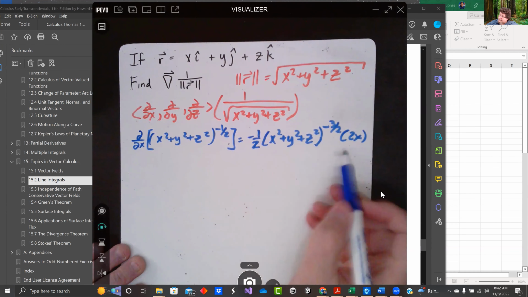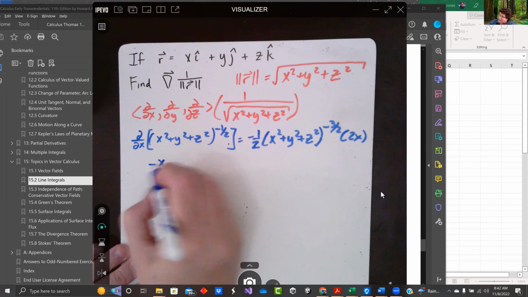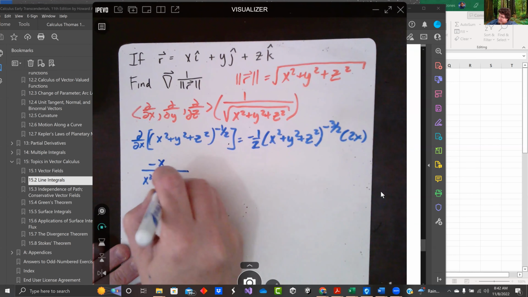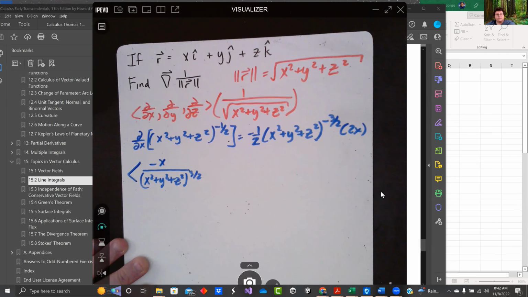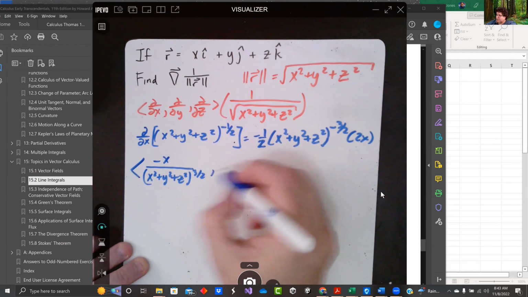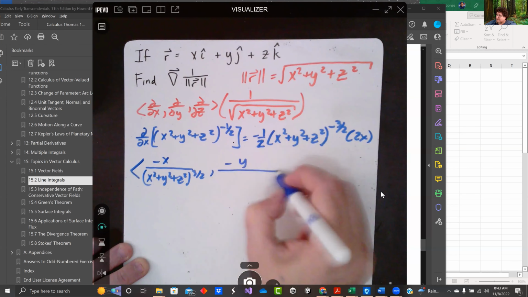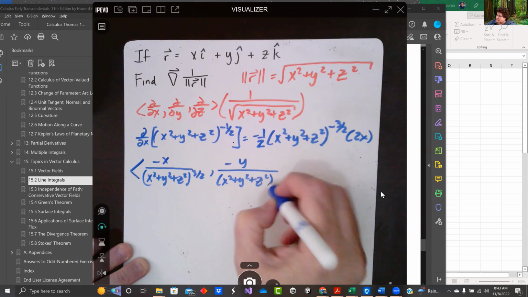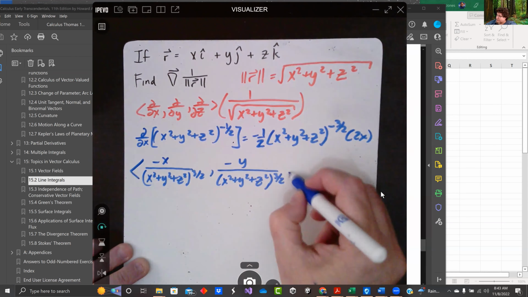So the 2's cancel, and I get negative x over x squared plus y squared plus z squared to the 3/2. That's my x component of the gradient. My y component should be similar, negative y over this, and my z component should also be similar.